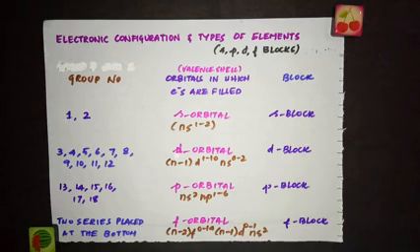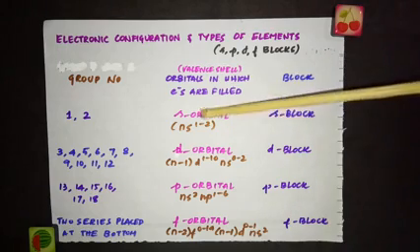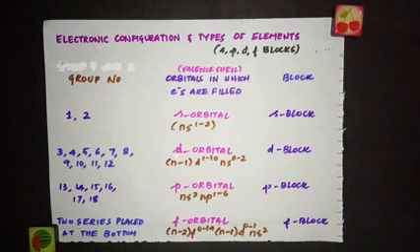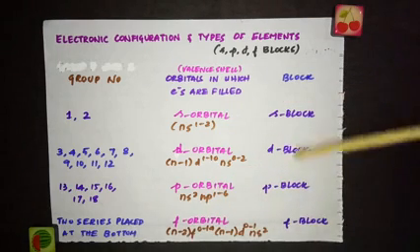So depending upon to which orbital the last electron enters, we term these groups of elements as s block, p block, d block and f block elements. I'll show you with an example how we write this general electronic configuration for these individual blocks of elements.